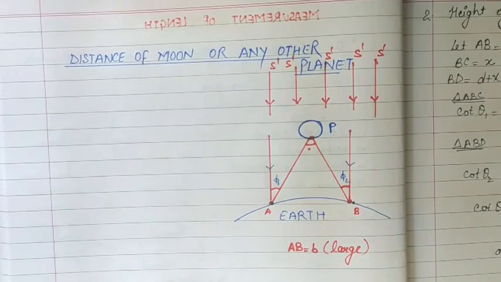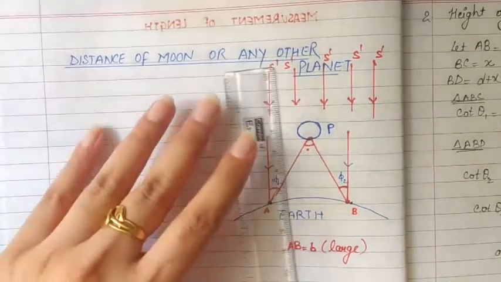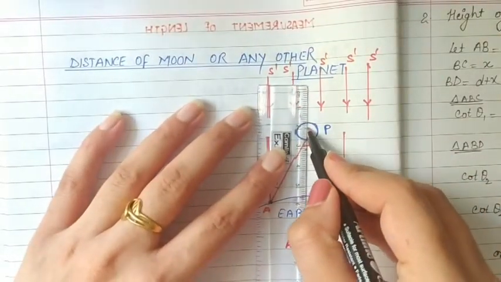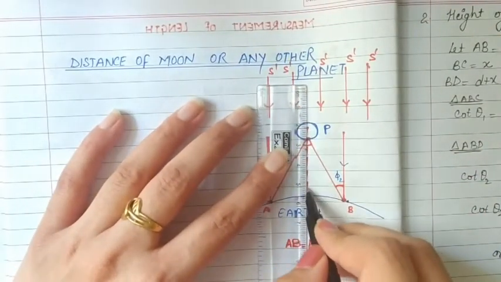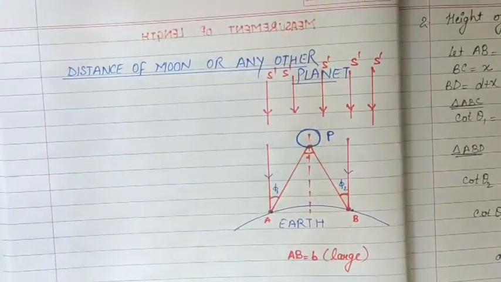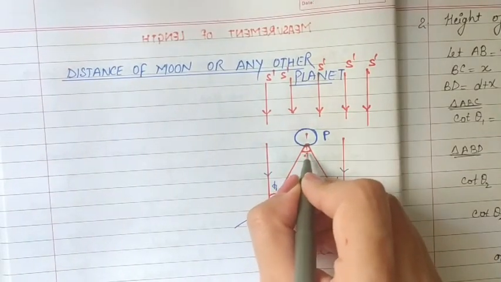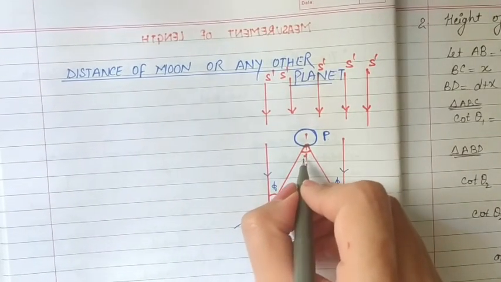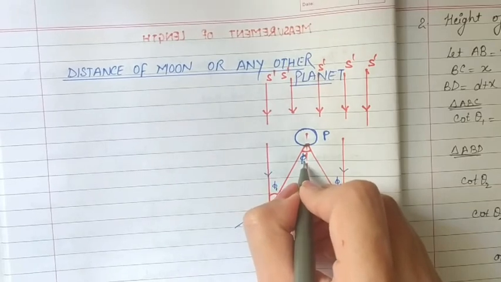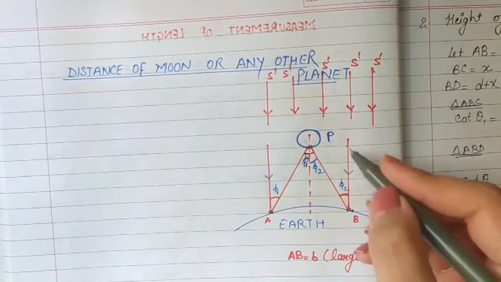Now by applying simple mathematics, if we take a normal here, this will be parallel to these lines, and the angle made by this normal divides this parallactic angle into two parts, phi 1 and phi 2, like this.